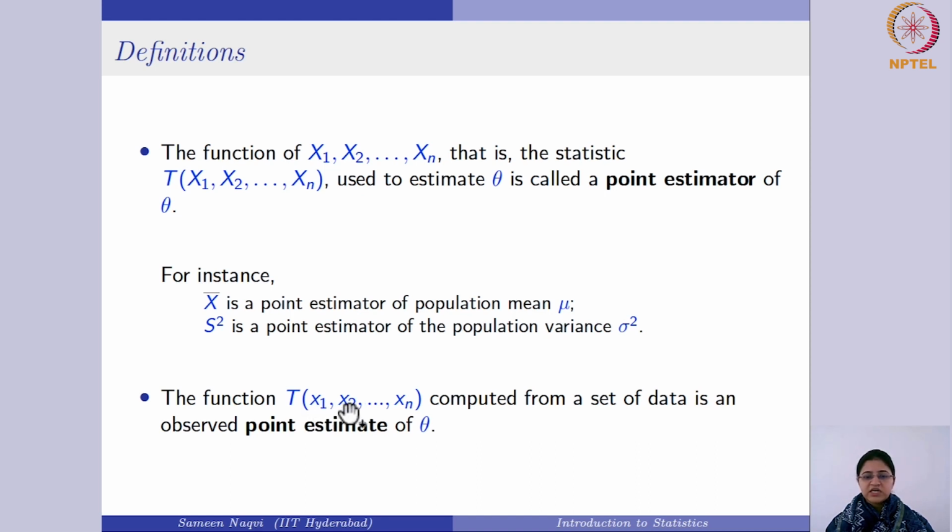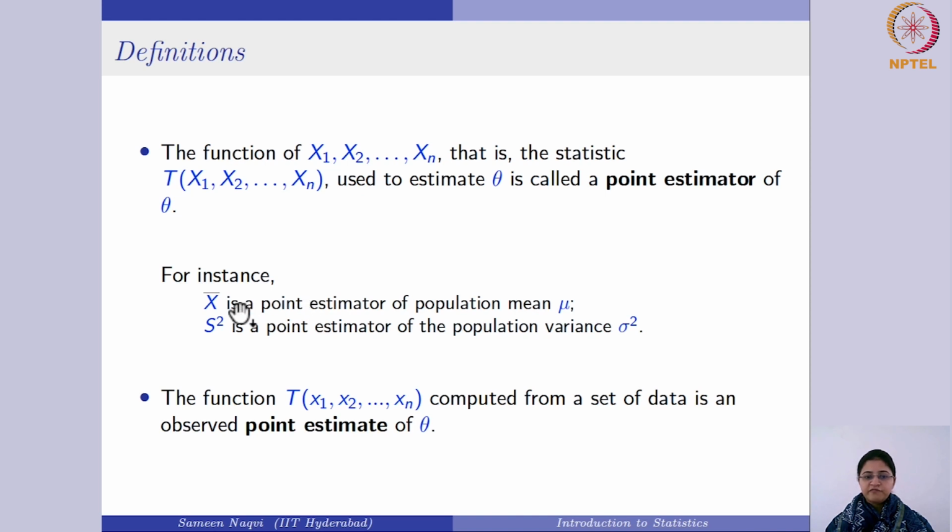So likewise, these are the realized values, okay, which is computed from your set of data. Now this function is referred to as a point estimate of theta. So remember that whenever you are talking about capital X bar, that is a point estimator.